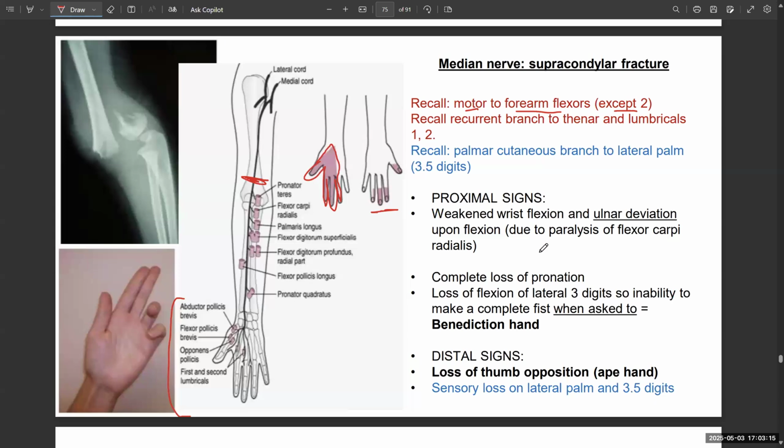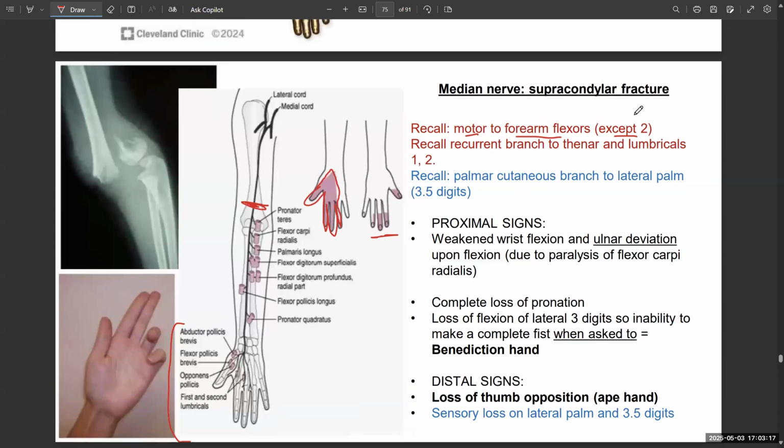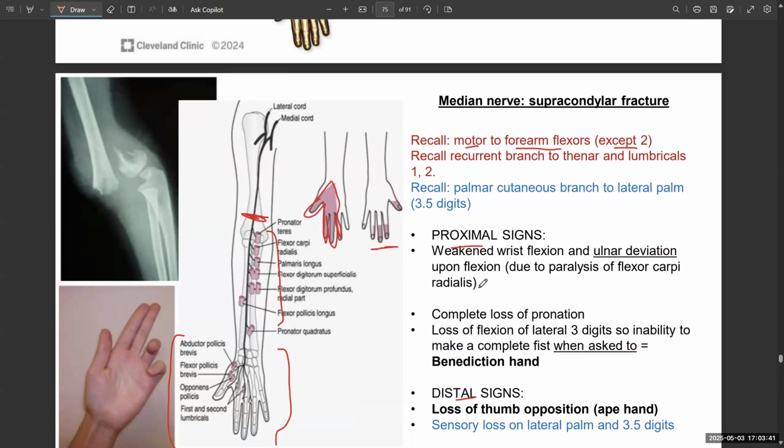Now, when you have a supracondylar fracture, you're basically cutting off the source of the nerve. You're cutting it at the very top, at the proximal area. So you're going to have proximal signs and you're also going to have distal signs, because you're cutting off innervation here and you're also cutting off innervation here because you're cutting at the top. So proximal signs: weakened wrist flexion and ulnar deviation upon flexion due to paralysis of flexor carpi radialis.